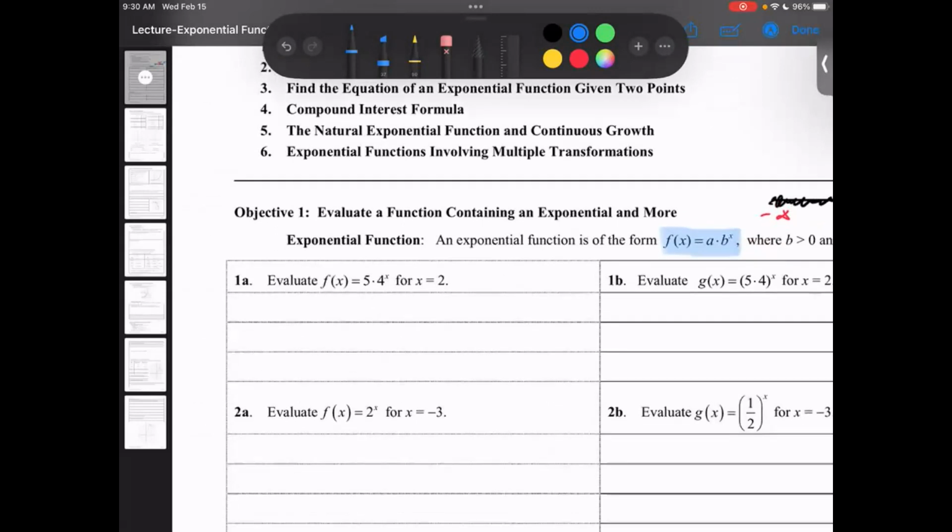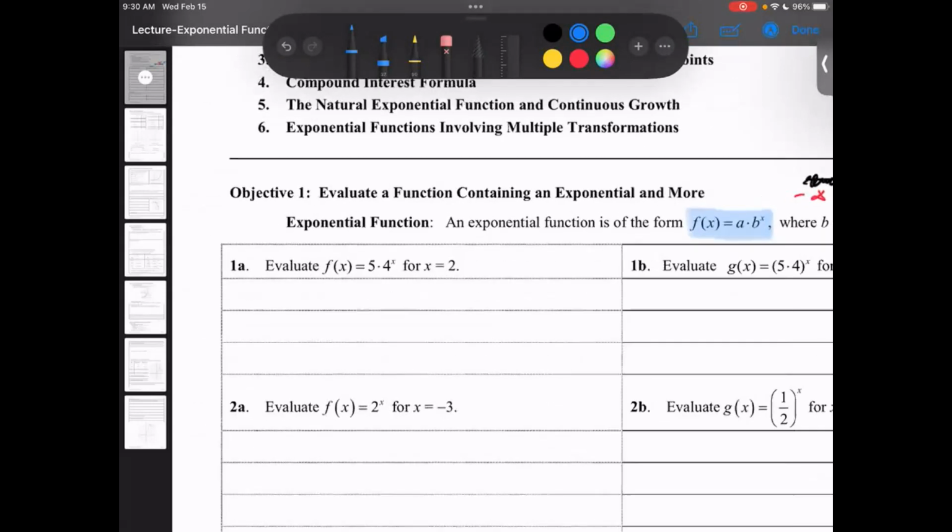Okay, let's evaluate the exponential function first. I have f of x equals 5 times 4 to the x, where x equals 2. So f of 2 equals 5 times 4 to the second.